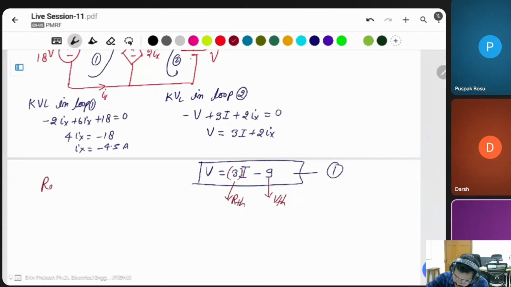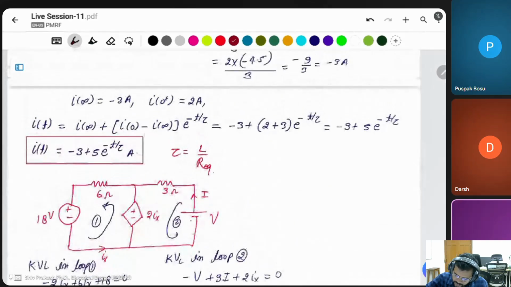Then you can say R equivalent is equal to RTH is equal to 3 ohm, and the inductor is given in the question as 12 Henry. Then what is the tau? L by R. L is 12, R is 3. This will be 4 second. Then what is the actual current?